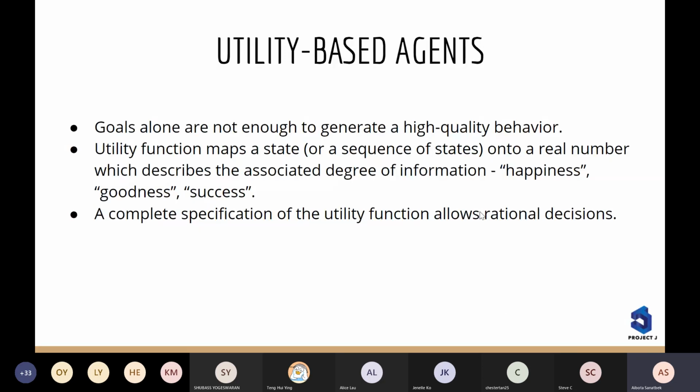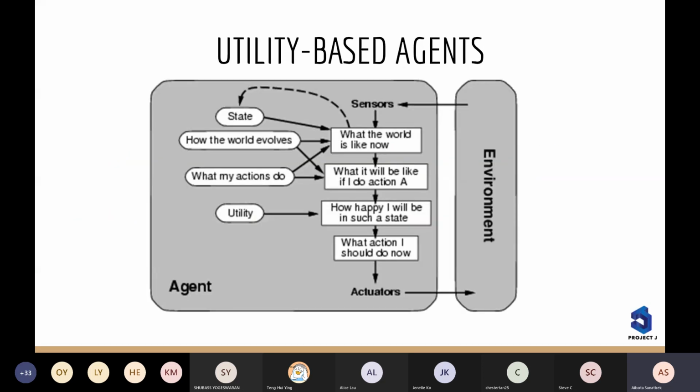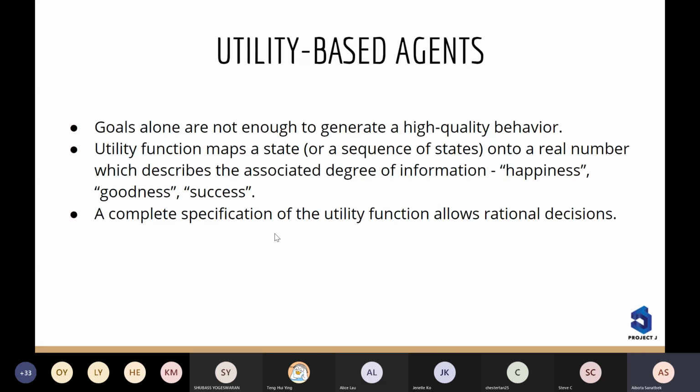The complete specification of the utility function will help to make rational decisions. Utility-based agents are used when there are several desirable outputs, and we want to know which one is the best to go with.